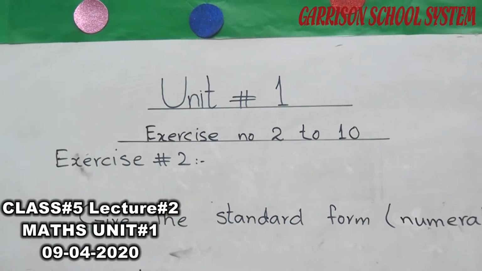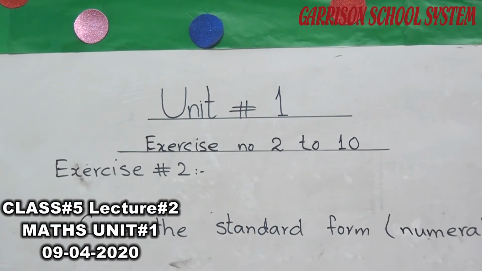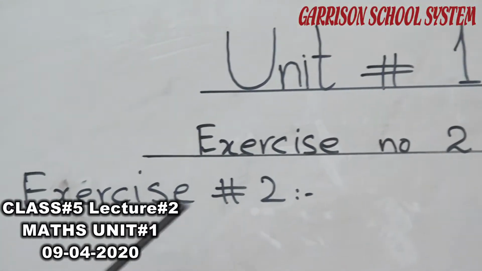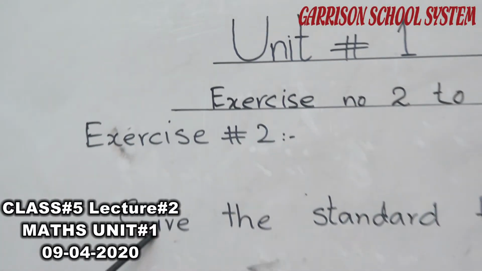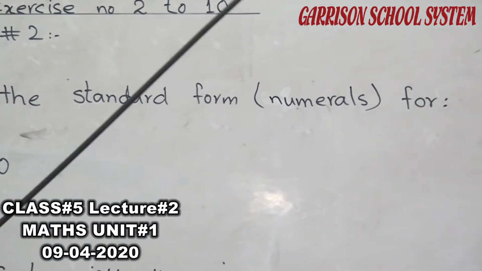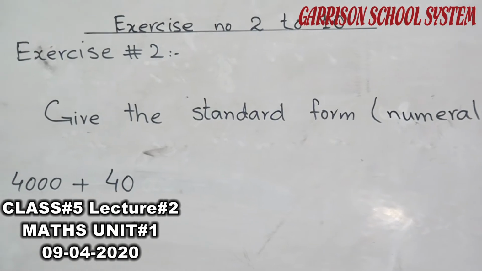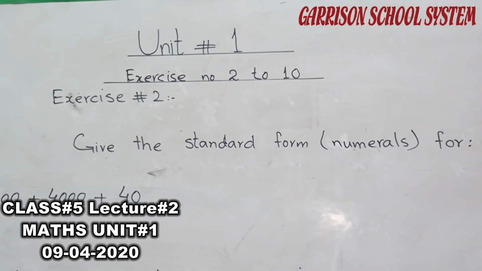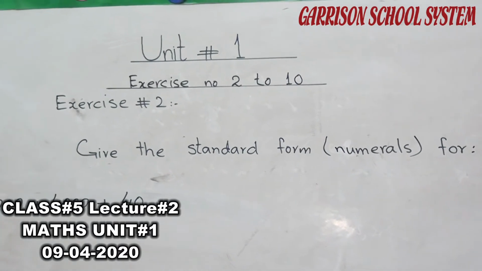Students, when you see in your books, you will see exercise number 2. The question written there is: give the standard form numerals. Do you know standard form? You have already learned in previous classes about the standard form and expanded form also.